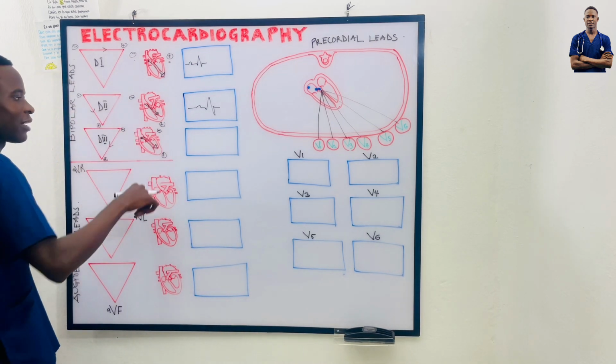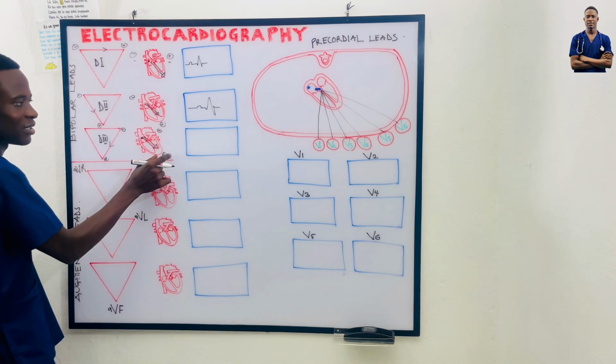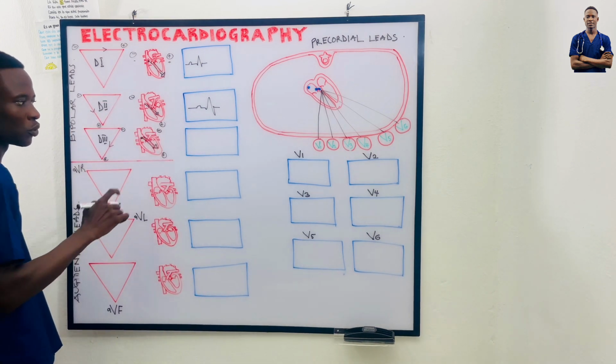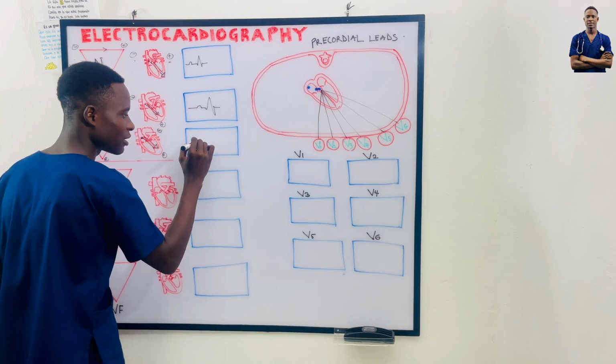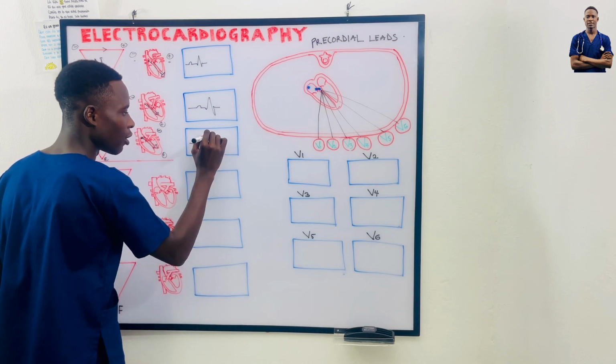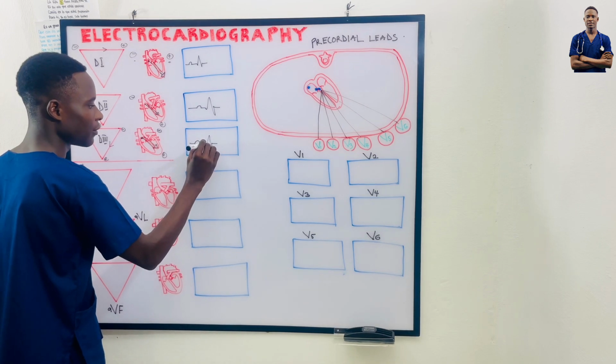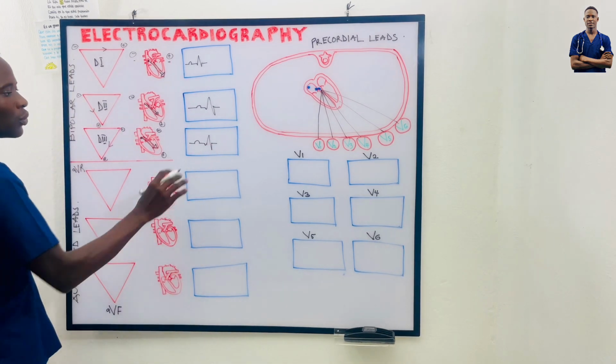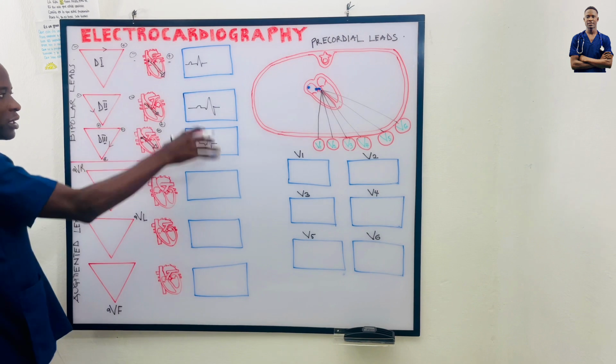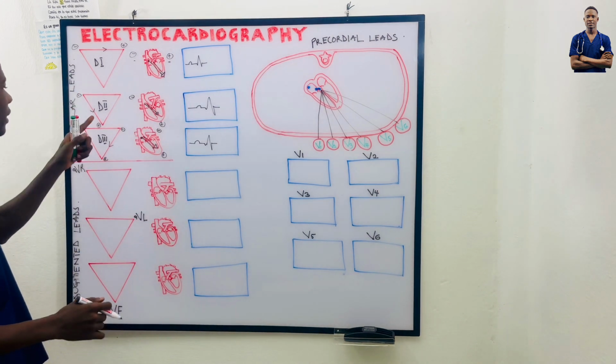The movement of the vector will be getting closer to the positive than the negative. So it will give a positive reading for all our waves. So we get a positive reading for D1, D2, D3.